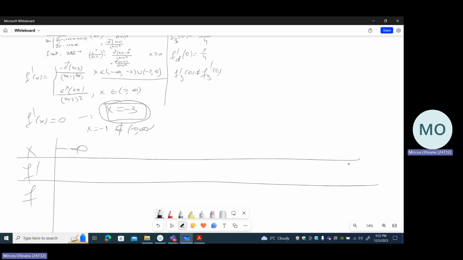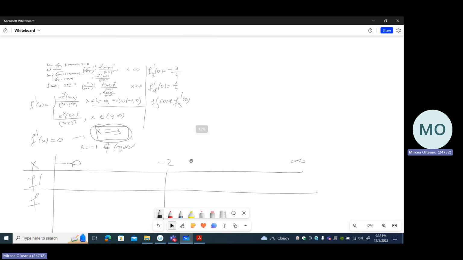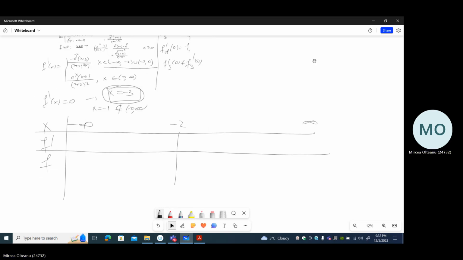The domain is the set of real numbers without minus 2. And we obtained critical point minus 3, here is 0. And at 0, which is here, the function has not a derivative.